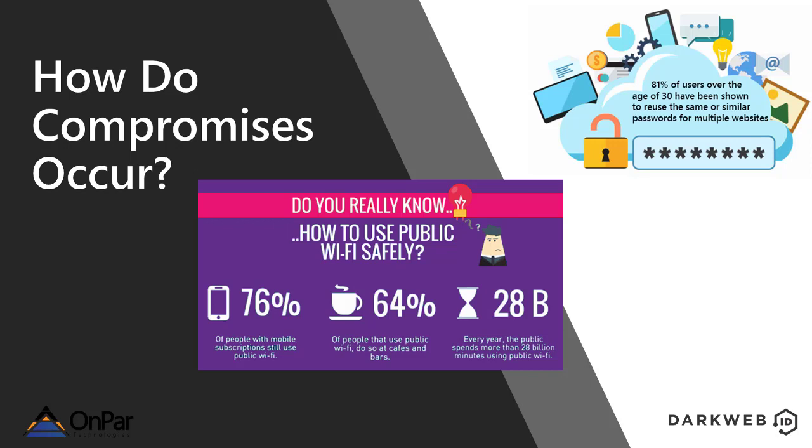Then there's this other problem with public Wi-Fi, and that is the risk of joining a rogue Wi-Fi hotspot. So a rogue Wi-Fi hotspot happens when a threat actor basically sets up a fake Wi-Fi hotspot. They can do that by using their cell phone hotspot.